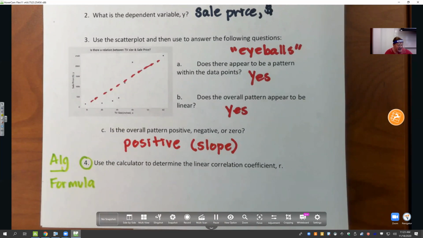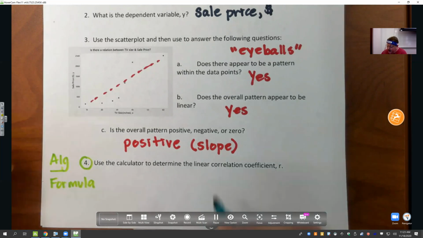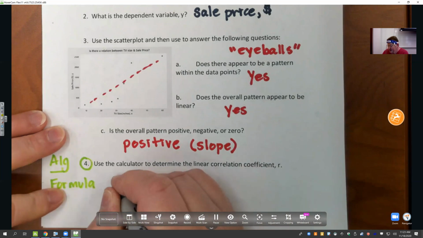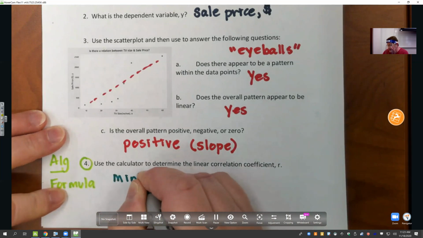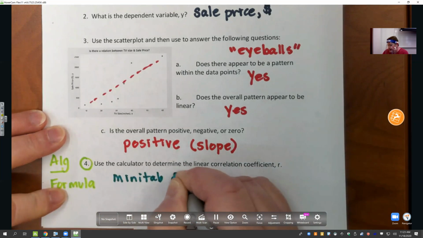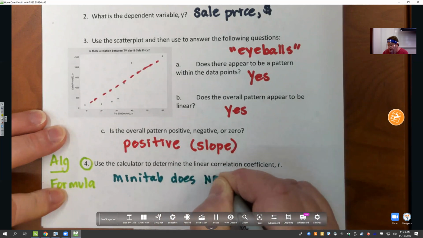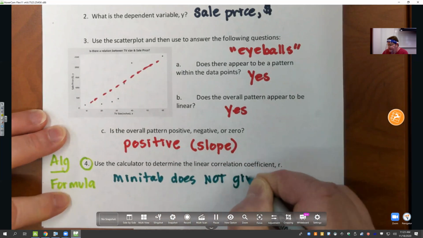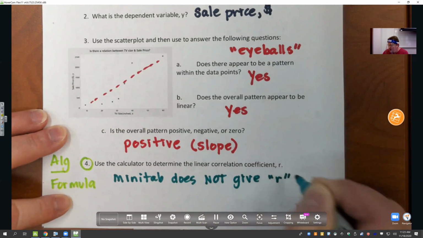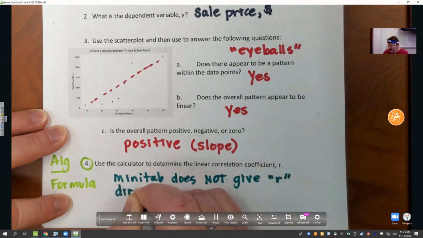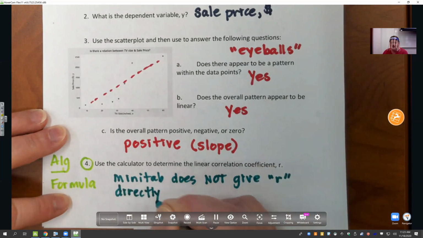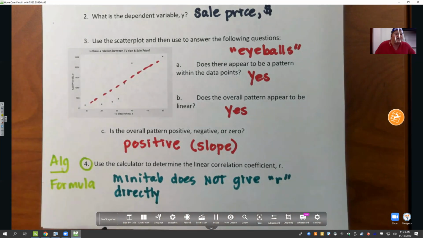Because Minitab does not calculate the linear correlation coefficient directly. Minitab does not give R directly. It gives you the information that you need to figure it out, but it doesn't actually do it for you.